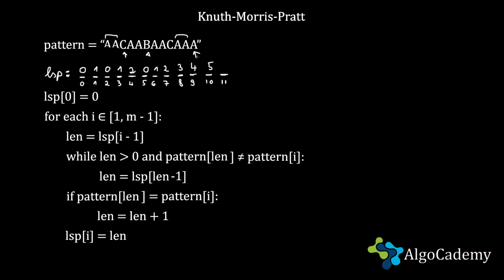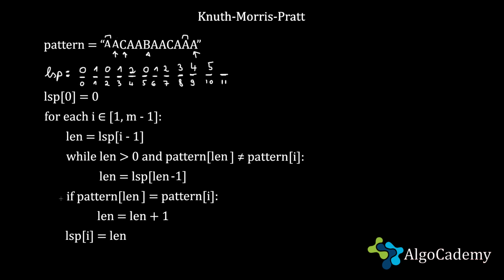Yes, it is. Okay, so I can't do this, the suffix and prefix of length 3. So what am I going to do? Len will become LSP of 1, which you can see is 1. So I still try out this prefix of length 1 with this suffix of length 1. Len is greater than 0, it is. Pattern of 1, A. Is it different than pattern of I? And this time it's not.